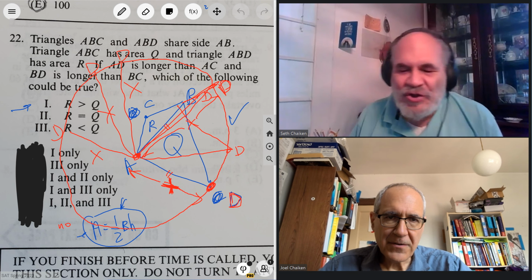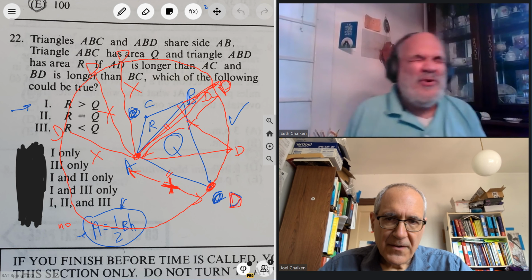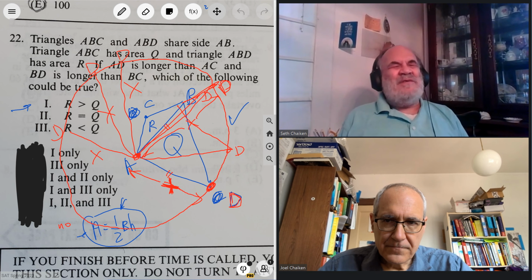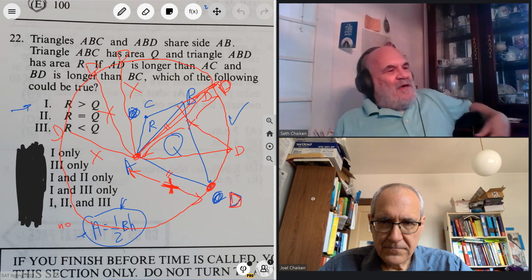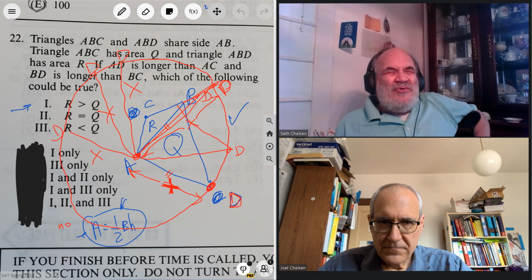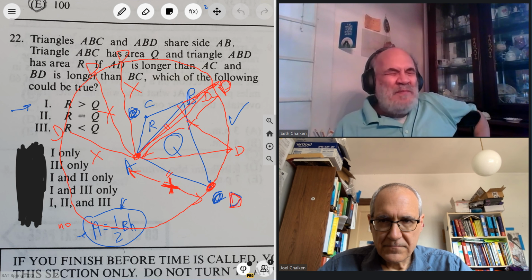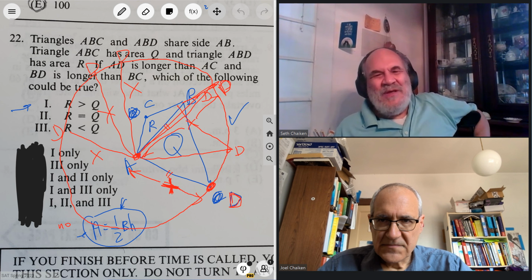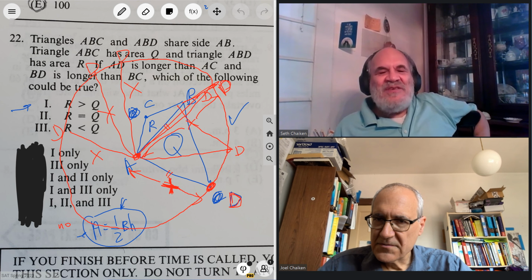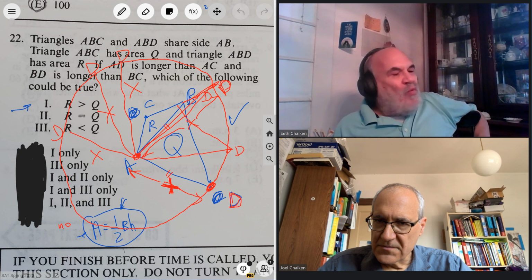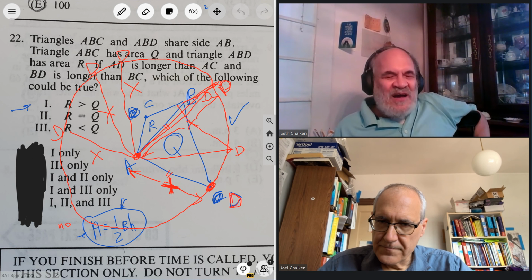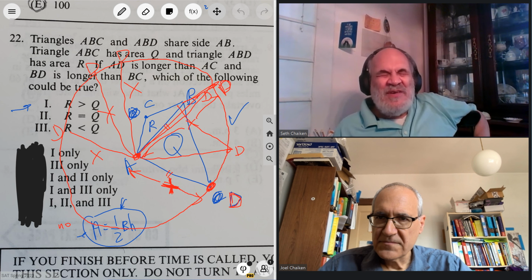A clue to it is the following: what's fixed about the two triangles, what mathematicians will say is invariant, is the length of AB. They both share the same side, AB.